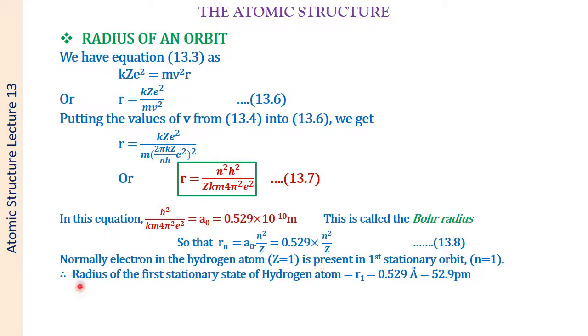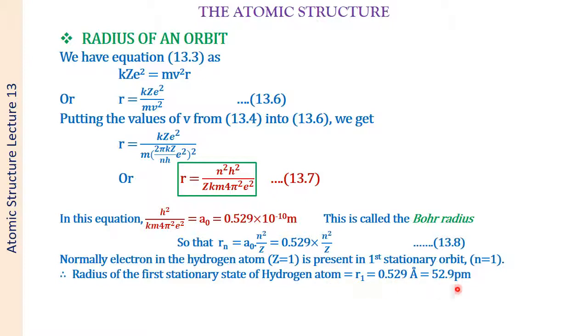So what would be the radius of the first stationary orbit of hydrogen? r₁ is 0.529 Angstrom, and this would be equal to 52.9 picometer, where 1 picometer is 10^-12 meter.